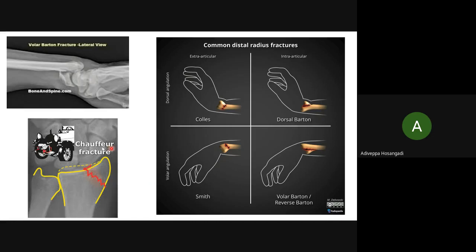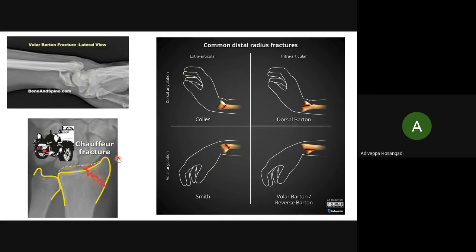Chauffeur fracture, you remember this. Chauffeur is what? A driver. This is a radial styloid fracture. Radial styloid fracture is also called a Chauffeur fracture. Why is it called that? In olden days there was no starter. You see shutters being raised or lowered by a long lever, isn't it?